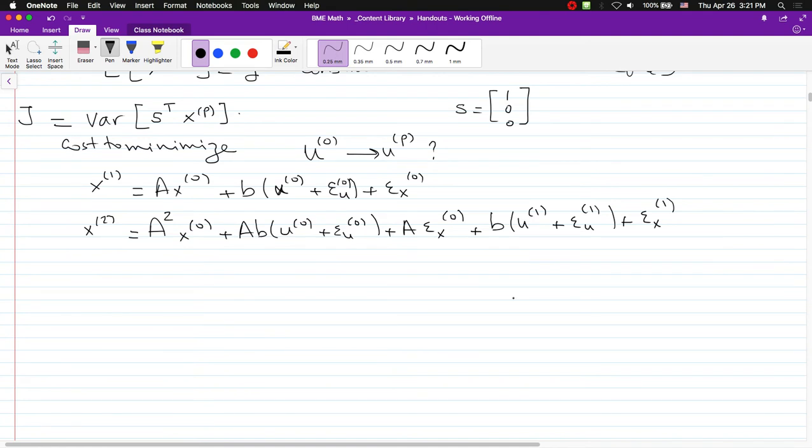Okay, so in general, I can write that x at time point p is equal to the matrix A raised to the power of p times my initial position, my initial state, plus the sum of the following.